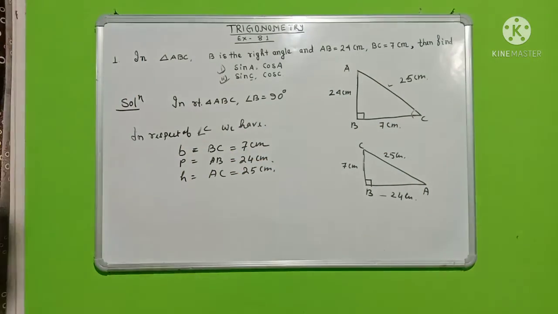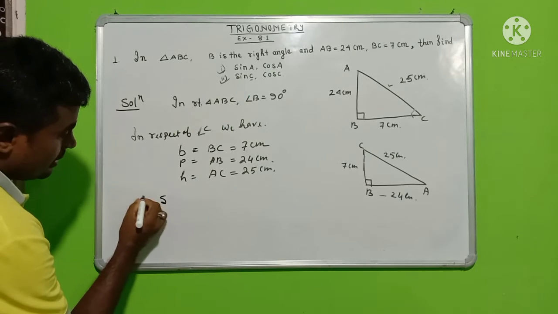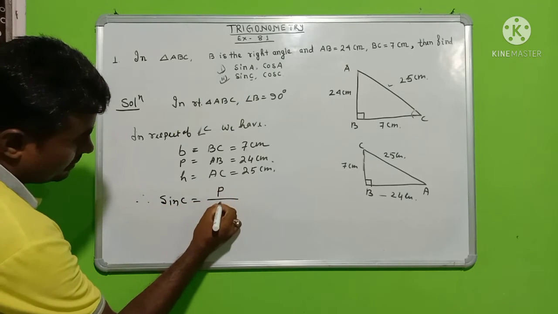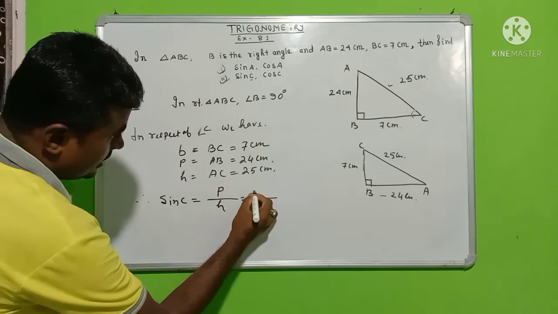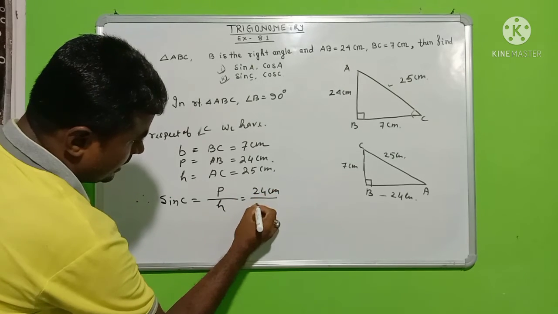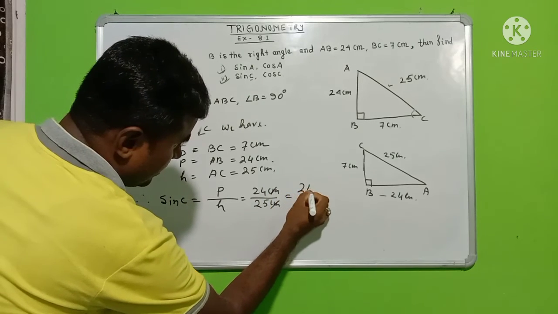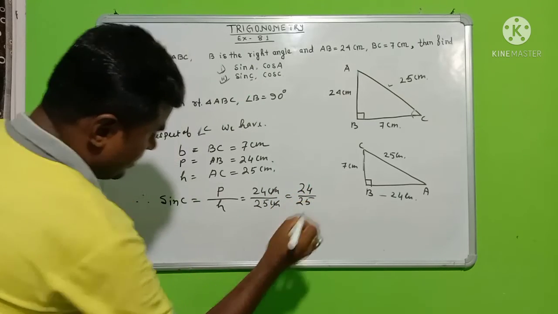So now we find the value of C. Therefore sin C equal to P by H. P is 24 centimeter, H is 25 centimeter. Centimeter cancel, we get 24 by 25.